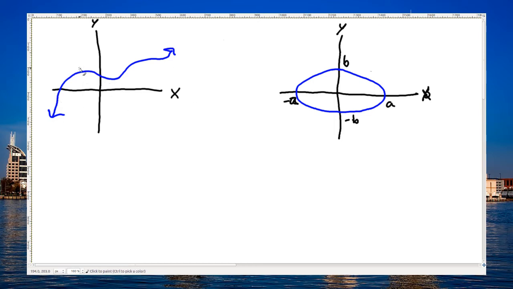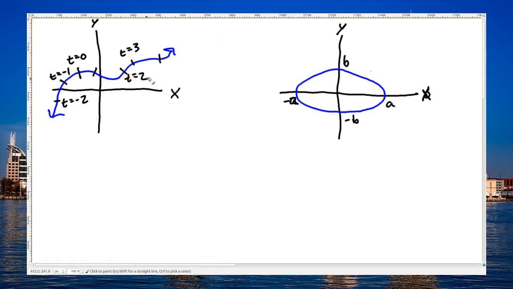So over here, we would start somewhere on the curve, call that t equals 0, and then we'll just travel along that curve. So here's t equals 1, 2, 3, 4. Of course, we could also go backwards in time, and that's why we think of this as a time parameter.